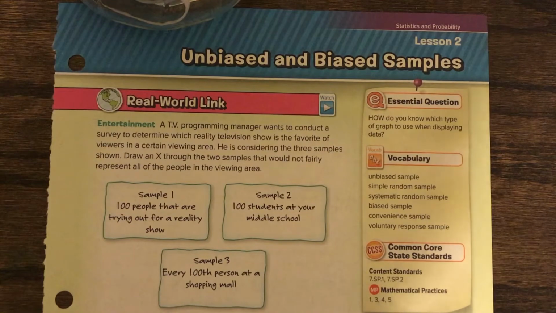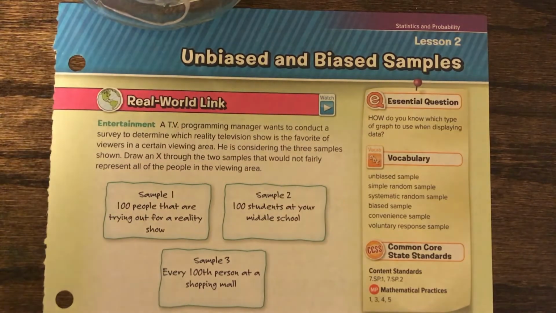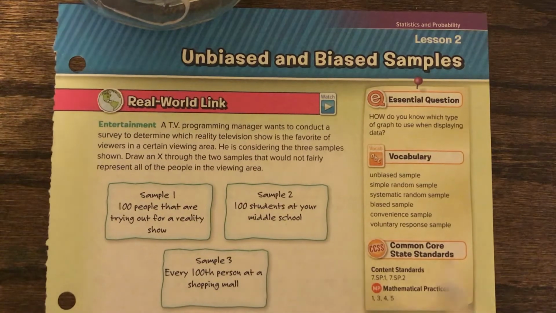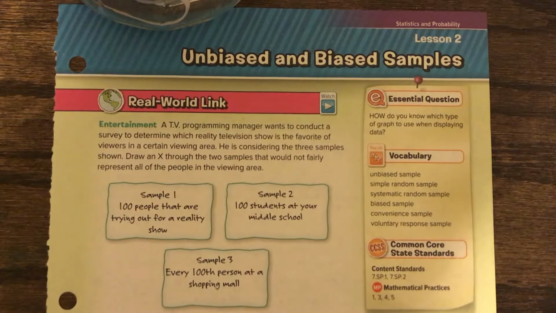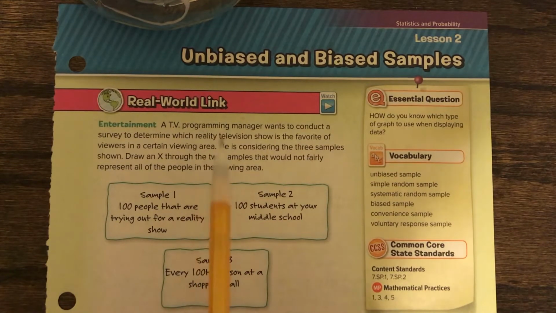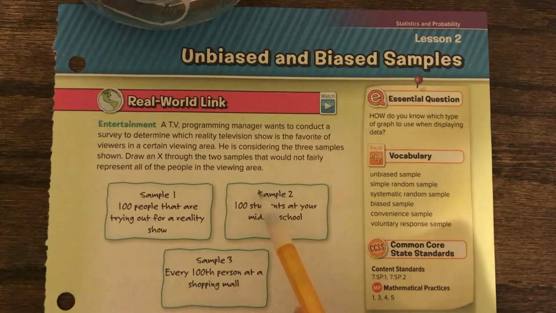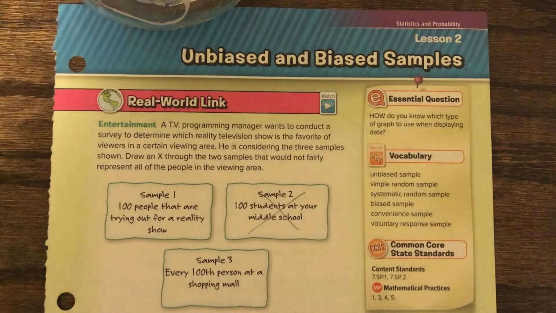So we know that we want to find a place where everyone has the opportunity to be. When you're looking at a middle school, only middle schoolers could be there. This TV programming manager wants to conduct a survey to determine which reality TV show is the favorite of viewers, and anyone could be viewers. However, not everyone can be at a school, so we would cross that one off.